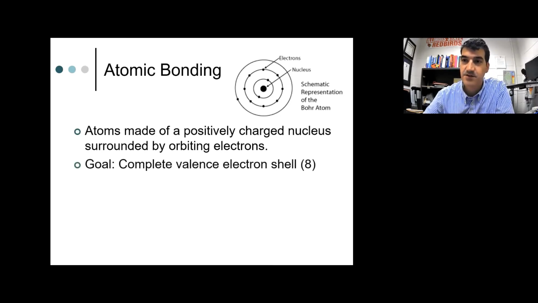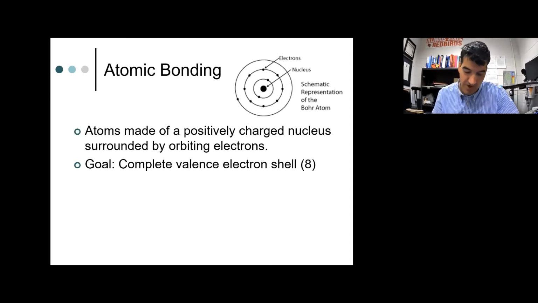And the goal, if you can say that, I think it's kind of funny to say that because atoms don't have ambition. They don't have free will. They're not saying, I need to steal another electron. They're not plotting to steal electrons.